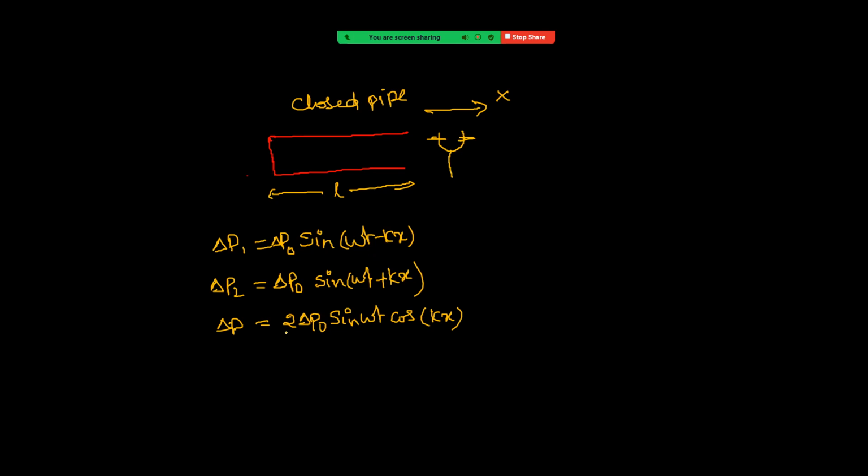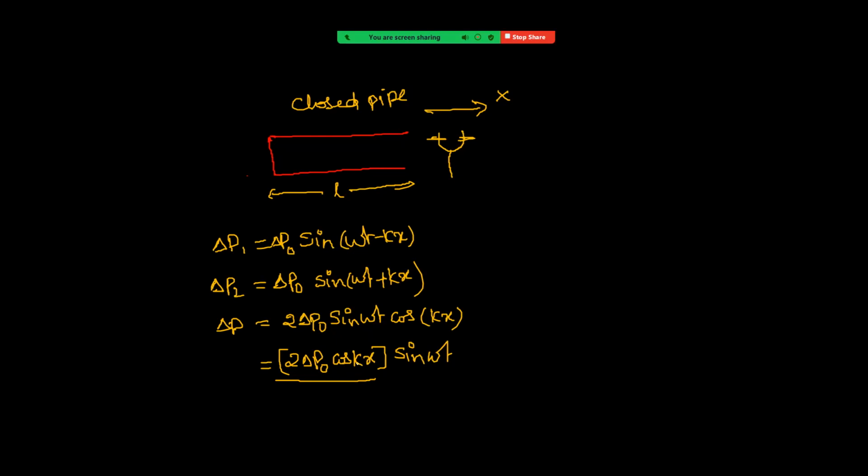And this is written as 2 delta P naught cos kx into sin omega t. If you observe carefully, in the place of delta P naught, this is now 2 delta P naught cos kx. So in the place of pressure amplitude, we are having 2 delta P naught cos kx.